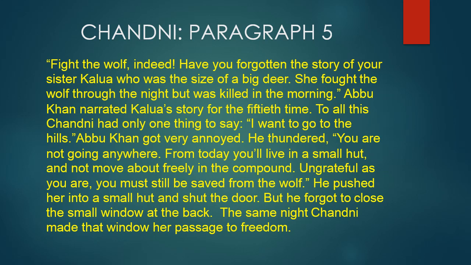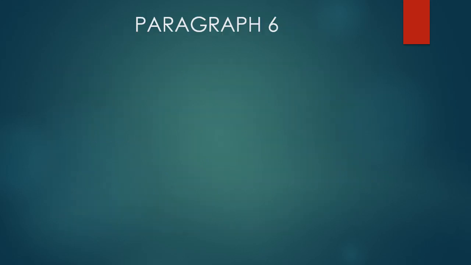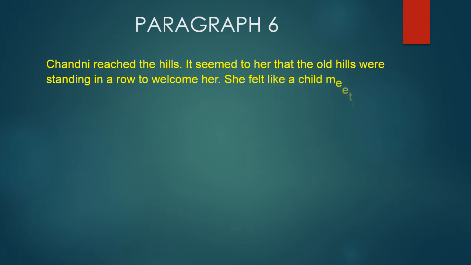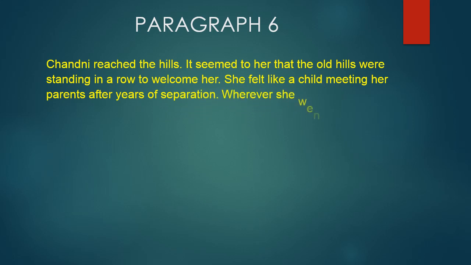Moving to the next, paragraph number 6. Chandni reached the hills. It seemed to her that the old hills were standing in a row to welcome her. She felt like a child meeting her parents after years of separation.